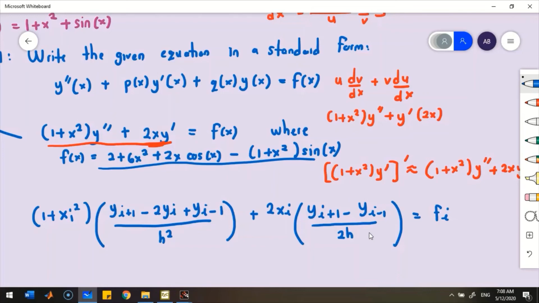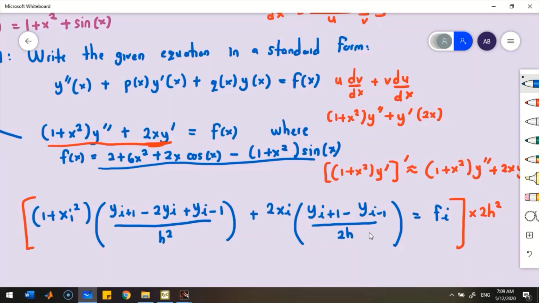Okay, I don't want to make a mistake like just now. If you remember, I forgot to multiply the function f here with 2h squared. So multiply the whole term with 2h squared.